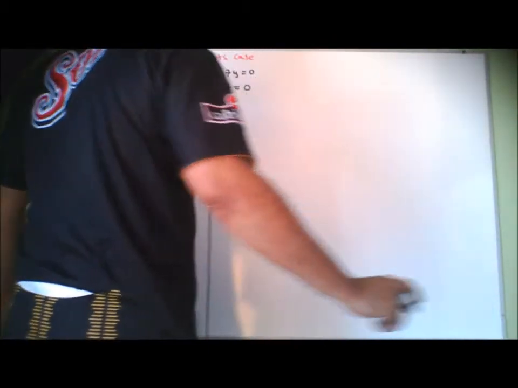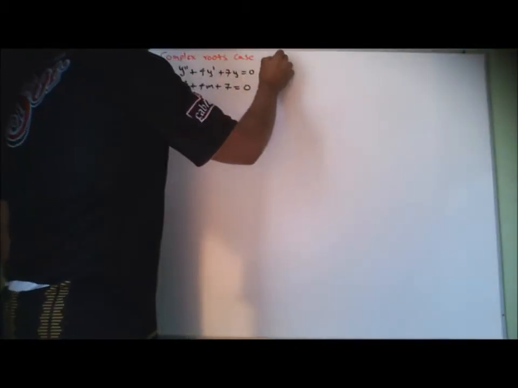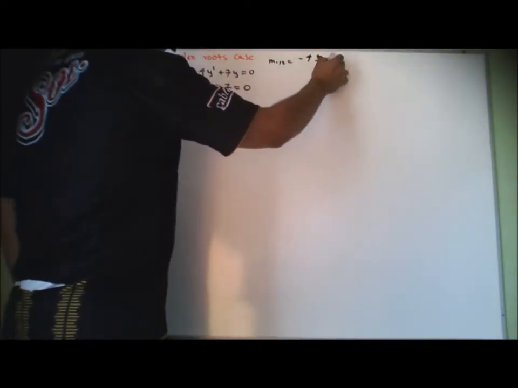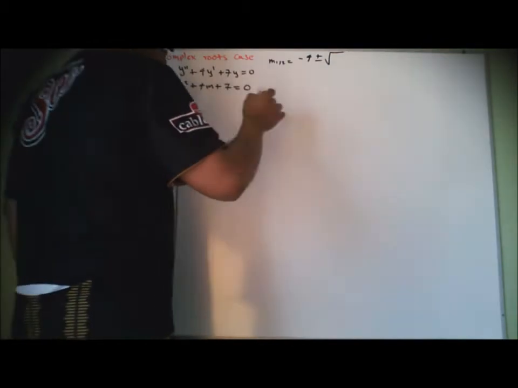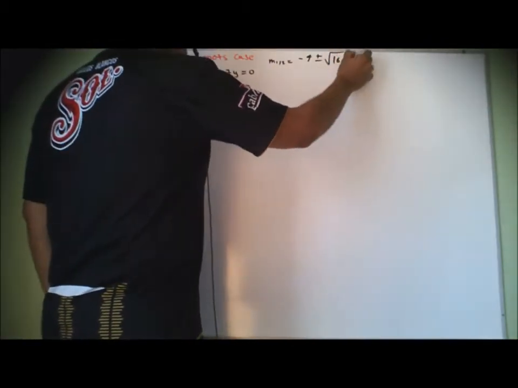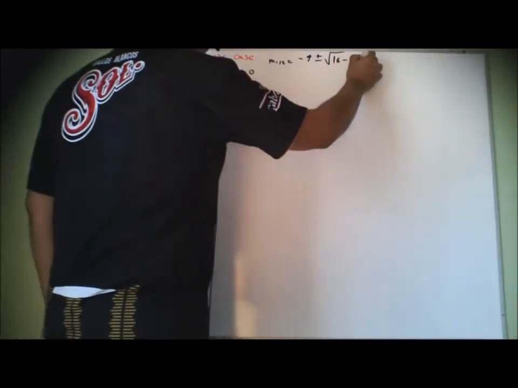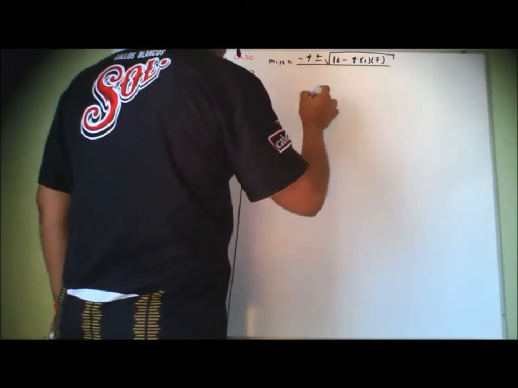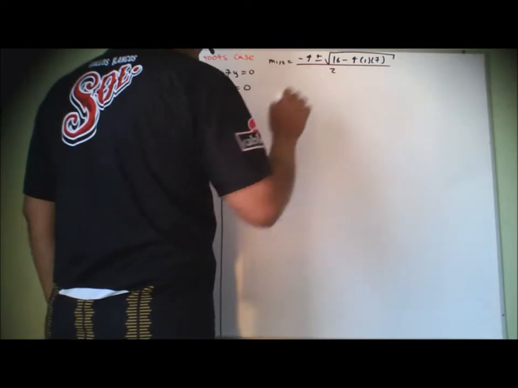Okay. So using the chicharronera, m1 and 2 is equal to minus b plus minus the square root of b squared, 16, minus 4ac, 1 times 7, over 2a, just 2 only.